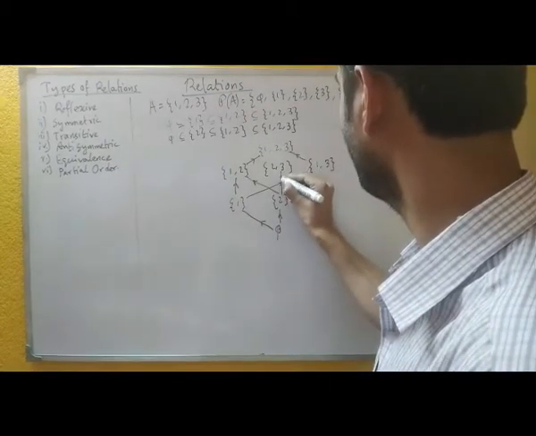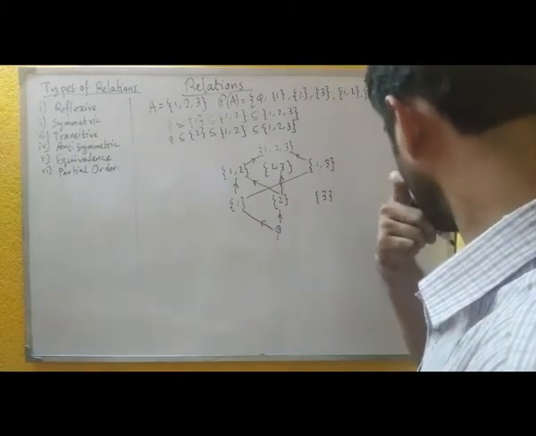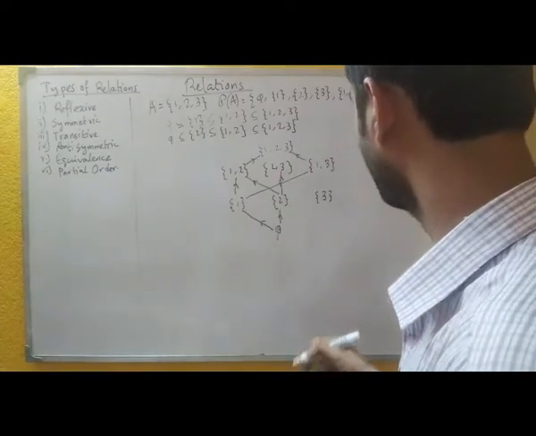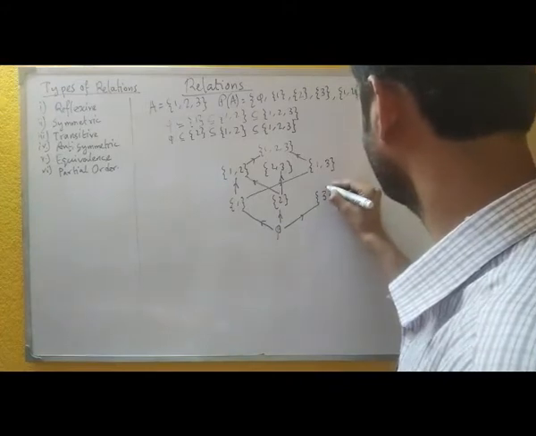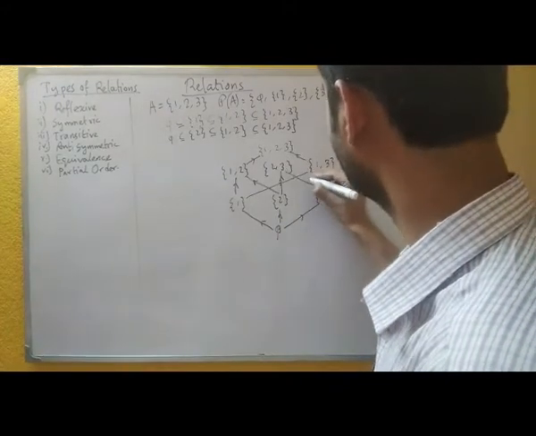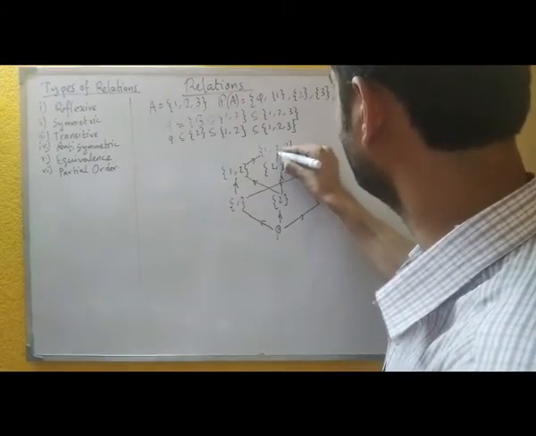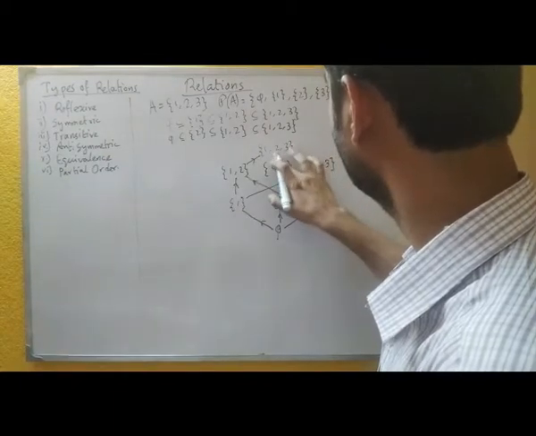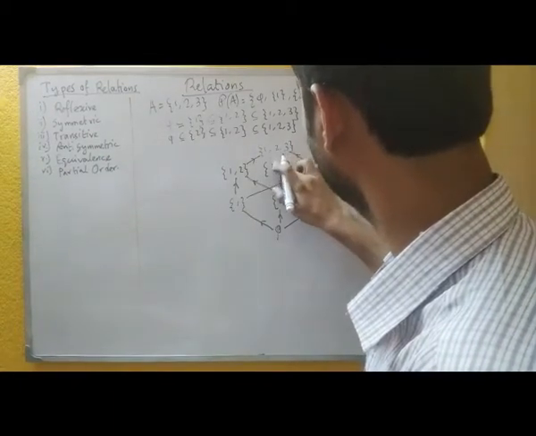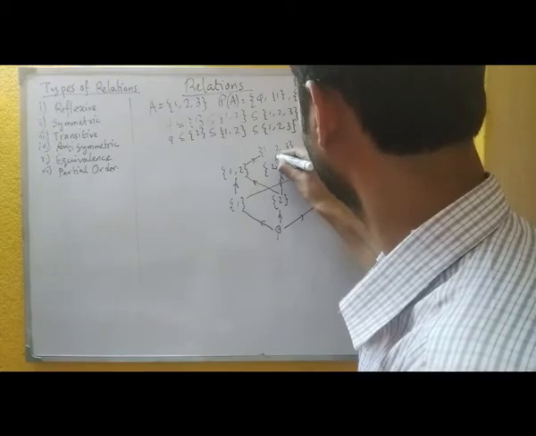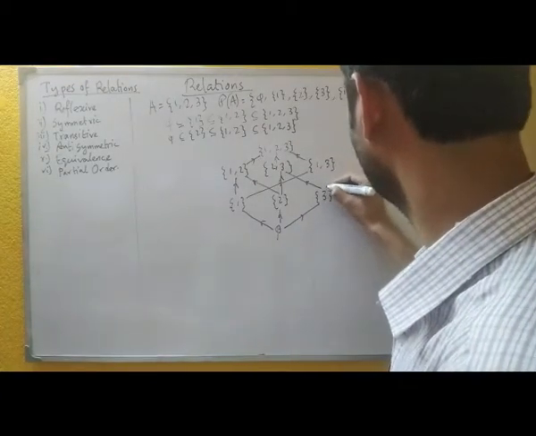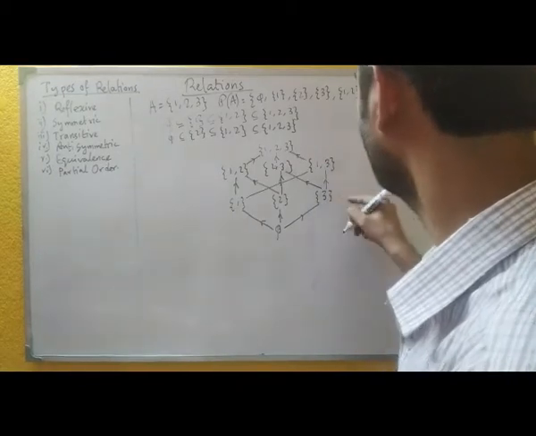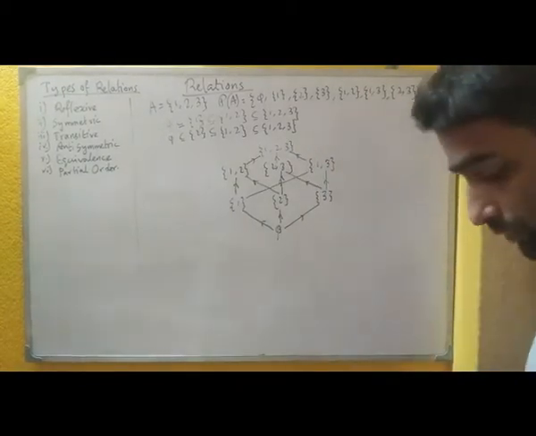We can order phi to {2}, {2, 3}, {1, 2, 3}. Also, phi to {3}, then {2, 3}, then {1, 2, 3}. And phi to {3}, {1, 3}, {1, 2, 3}.